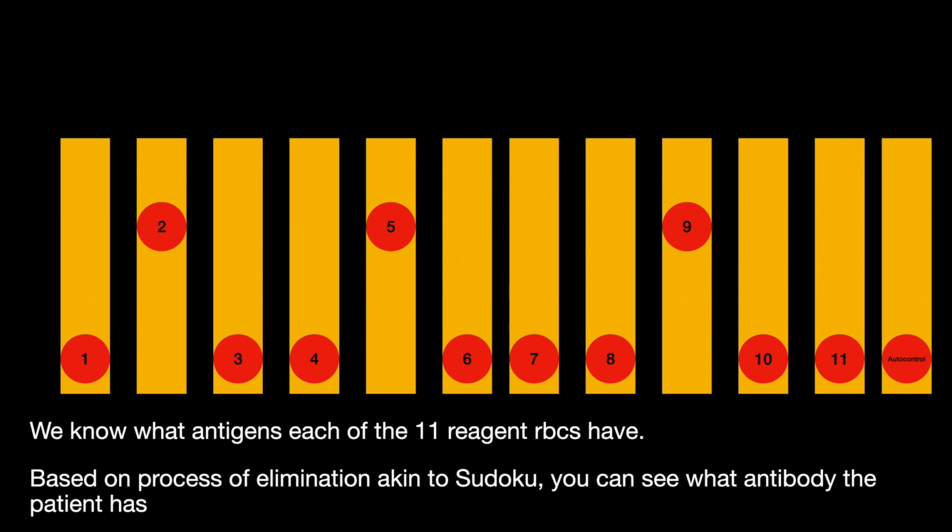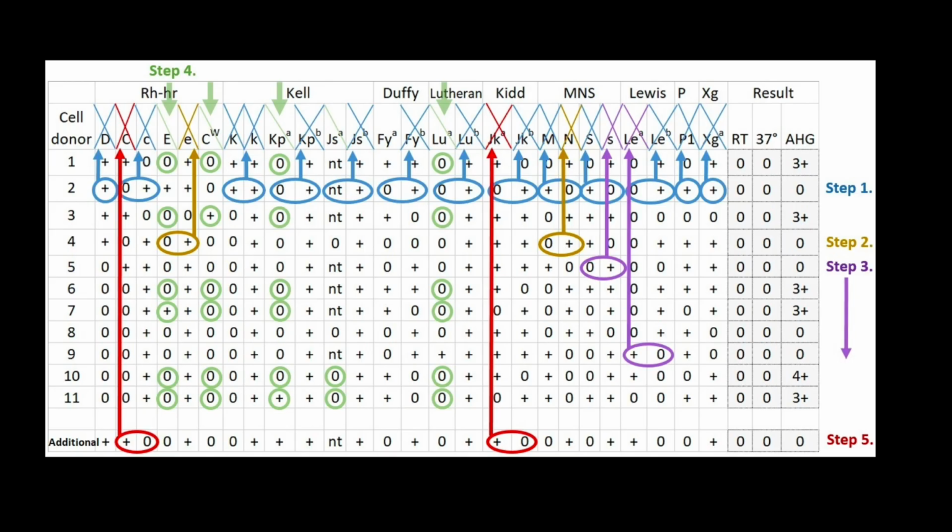One of my senior residents, who's now staff, likened it to Sudoku. This is just a table format of what antigens each reagent red blood cell has, and if it's reactive or not. So now what?